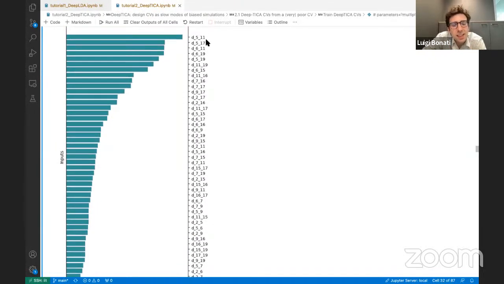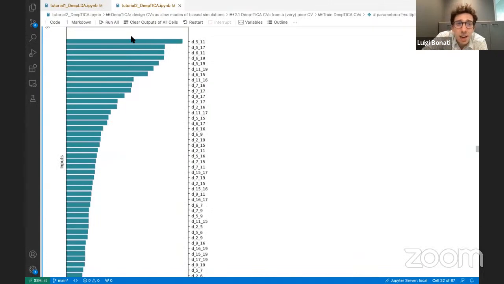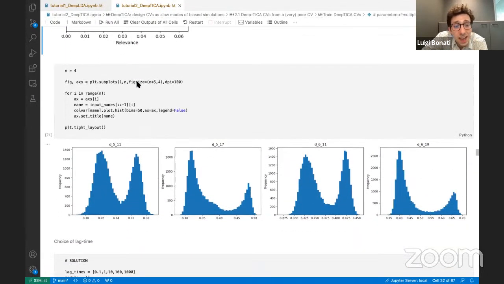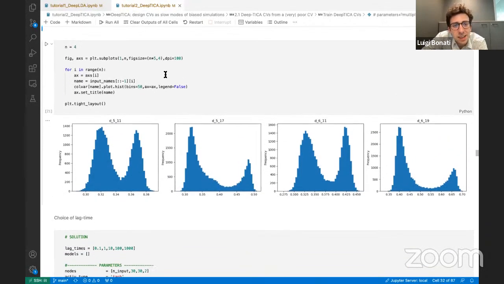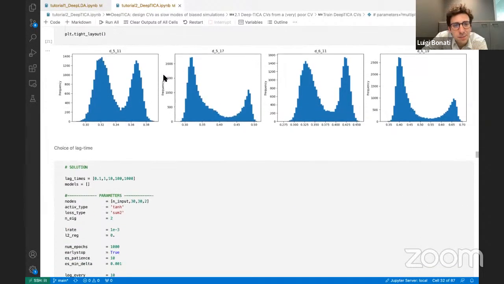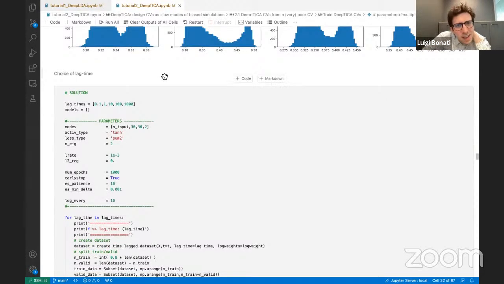But the important descriptors in this case are similar with deep LDA and deep TICA. Yet, this is just the histogram. We will see in a while that they are.